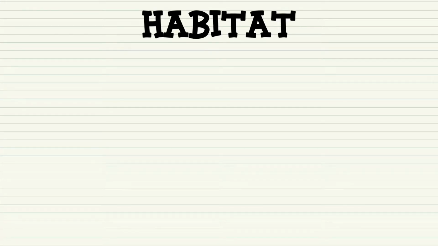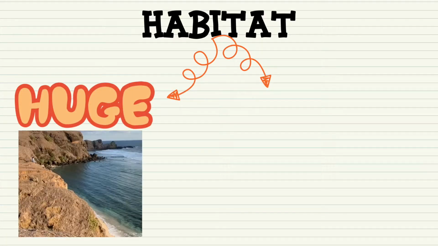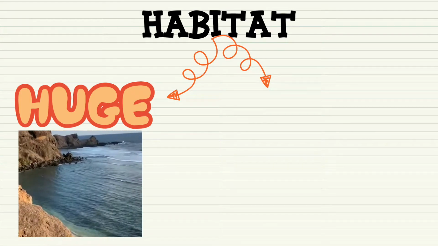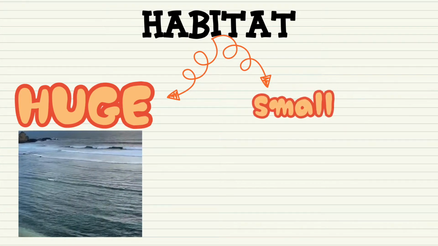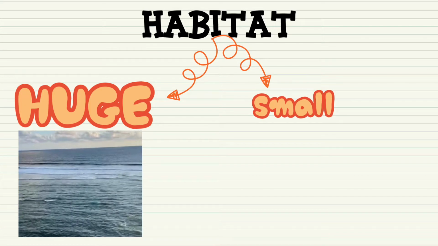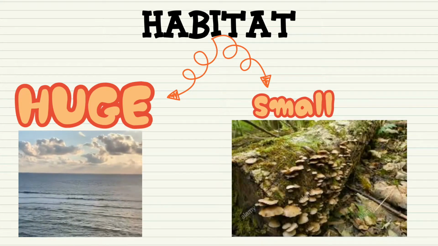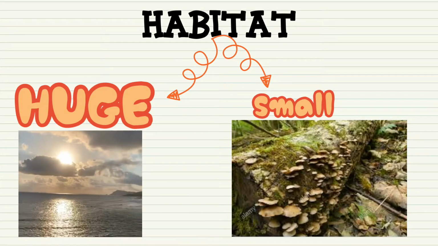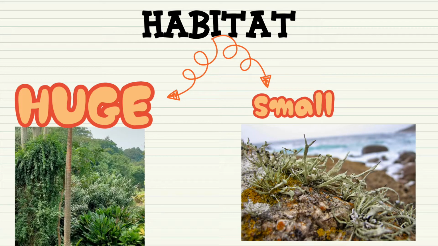Habitats can be divided into two kinds. The first one is huge habitats, like the ocean, forest, and the others, and small habitats, like a rotting log, like rocks, and the others.